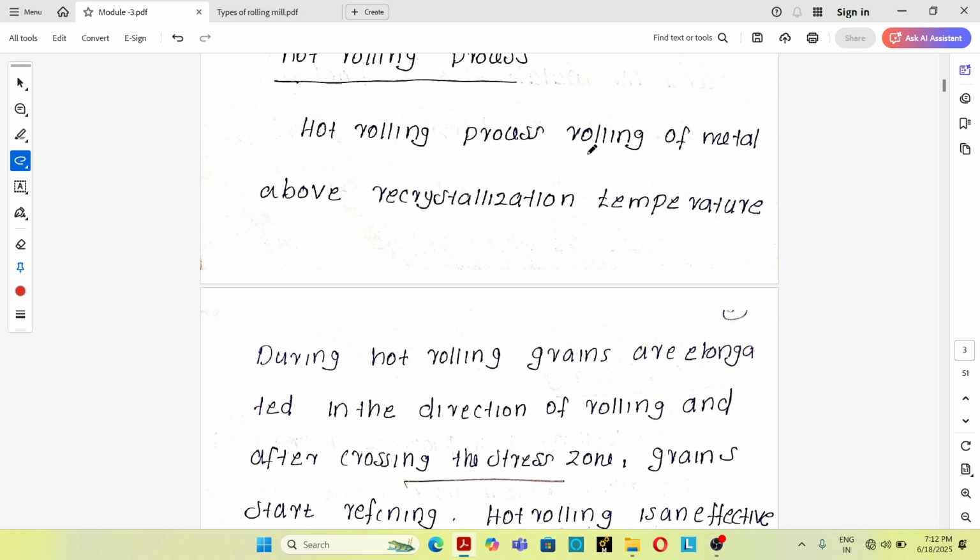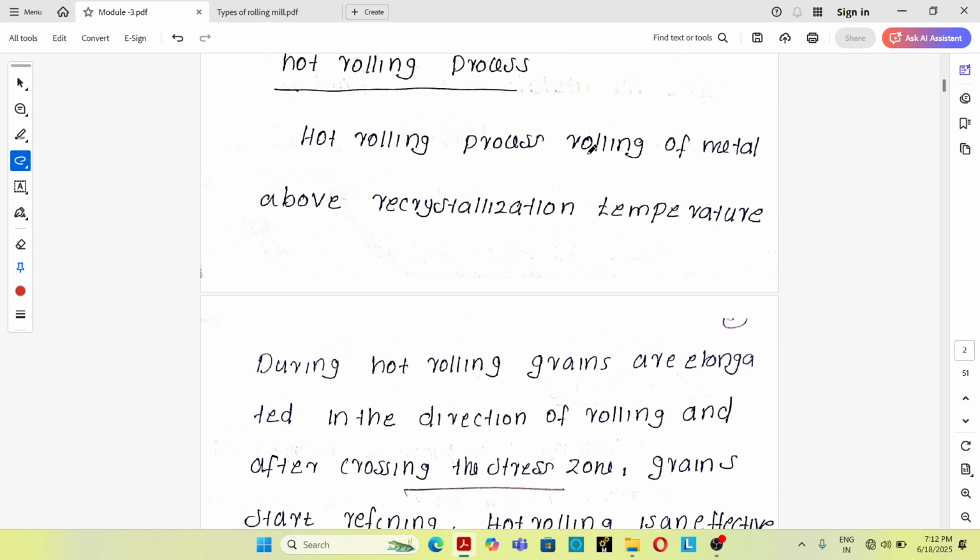In a hot rolling process, the metal undergoing rolling is initially heated above the recrystallization temperature, below the melting point, and then the rolling takes place.